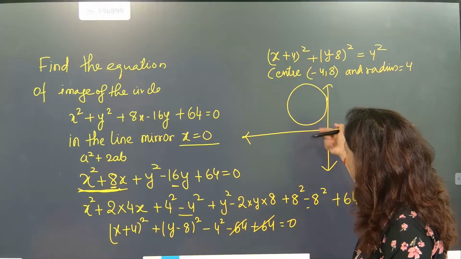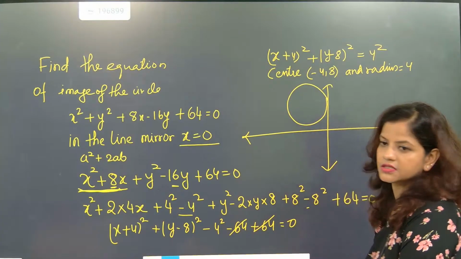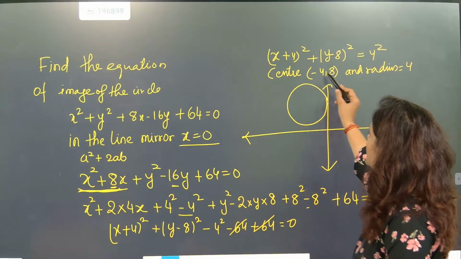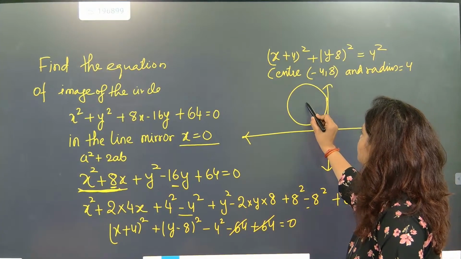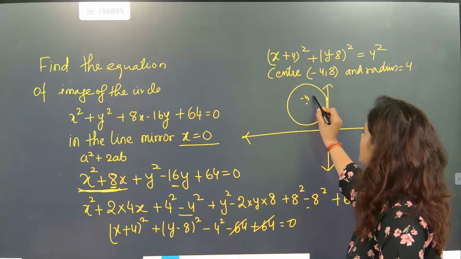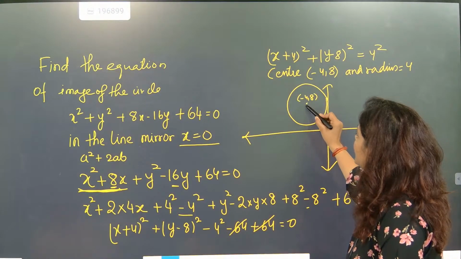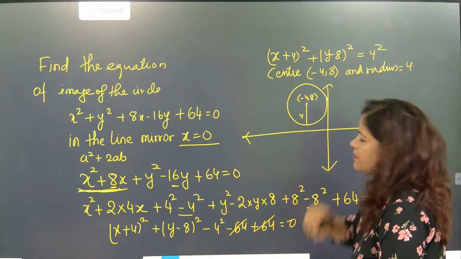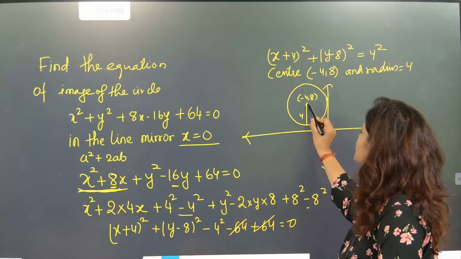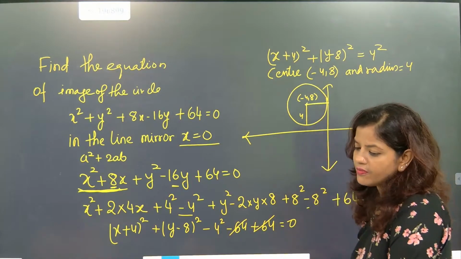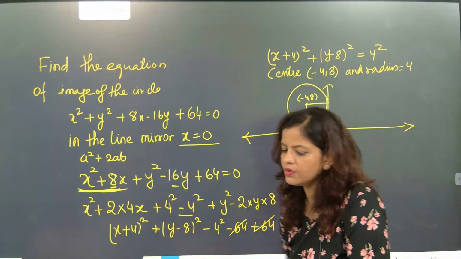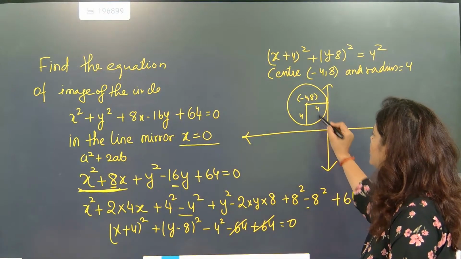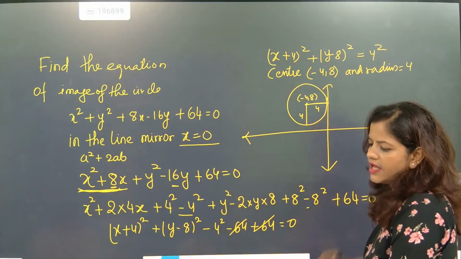Now why have I not allowed it to touch the x-axis? Because you check here, the x value is minus 4 and the y value is 8. But the radius is only 4. Since it is touching the y-axis, because they asked x equal to 0, definitely it will be only 4. So it will never touch the x-axis.